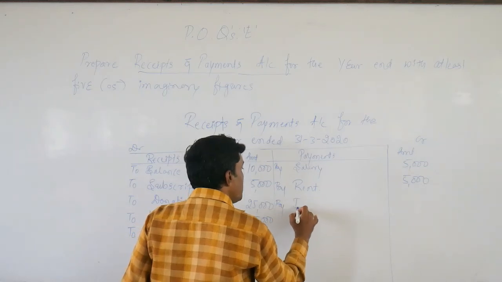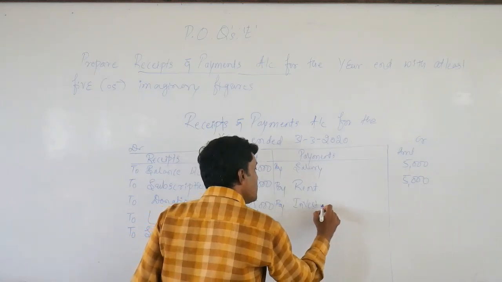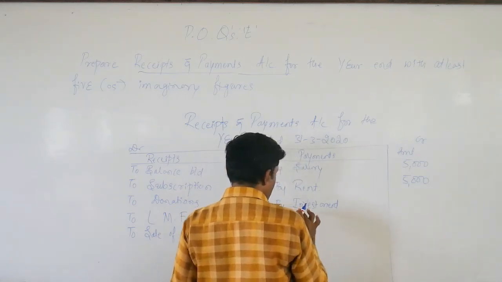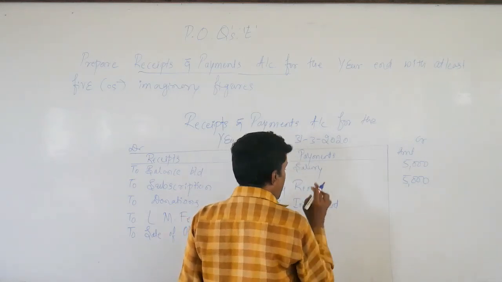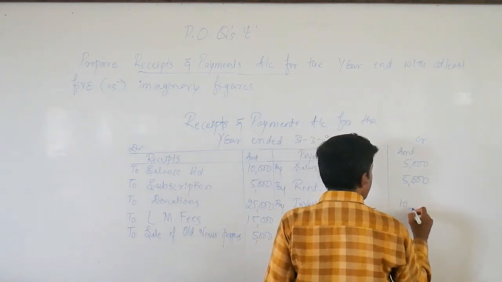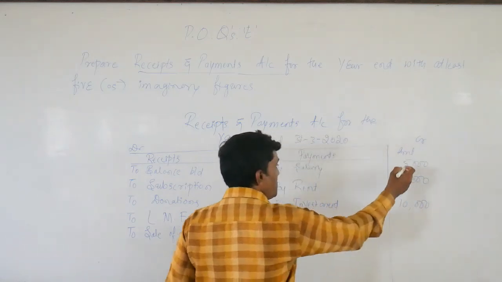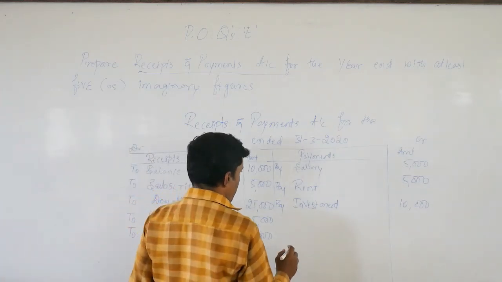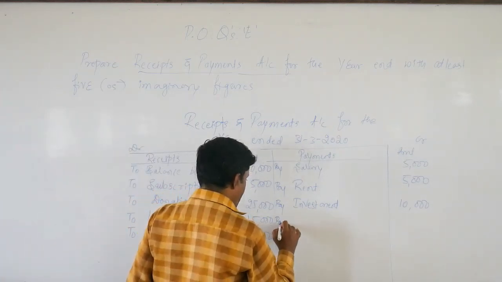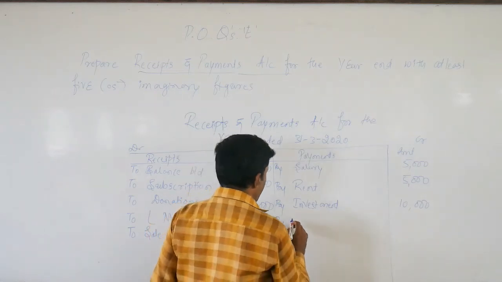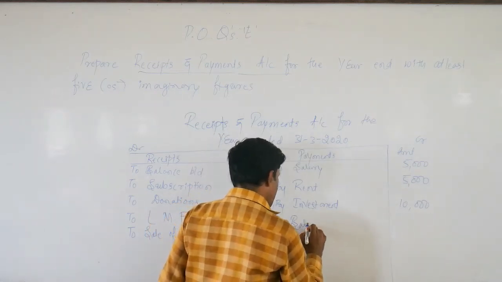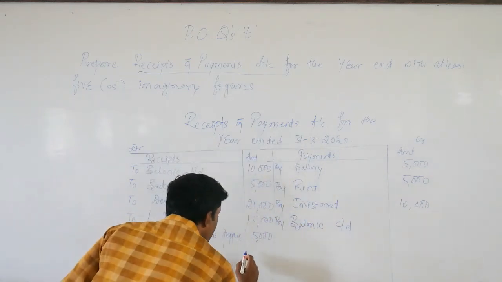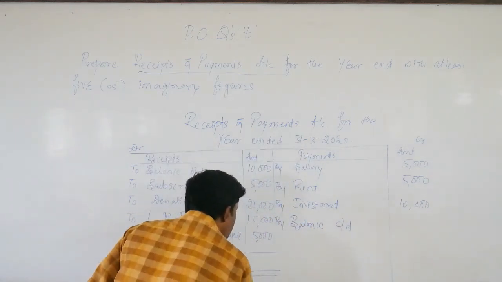By investments purchased during the year, it is shown on the asset side of the final balance sheet, worth rupees 10,000. As I said, these figures are from my own imagination. One more, if you want, you can take by, that is the last item I am going to take here, balance carried down. That is to be ascertained here, that is the closing cash balance.